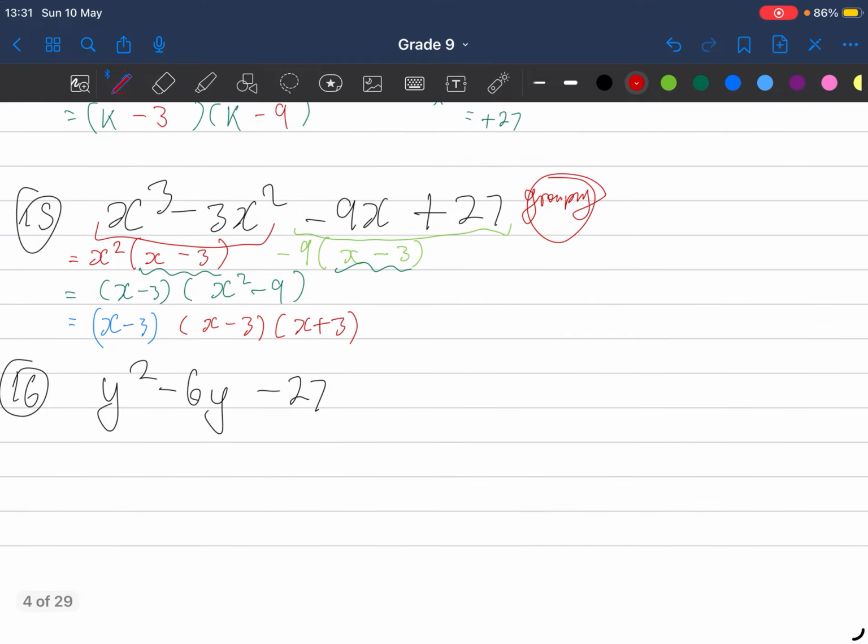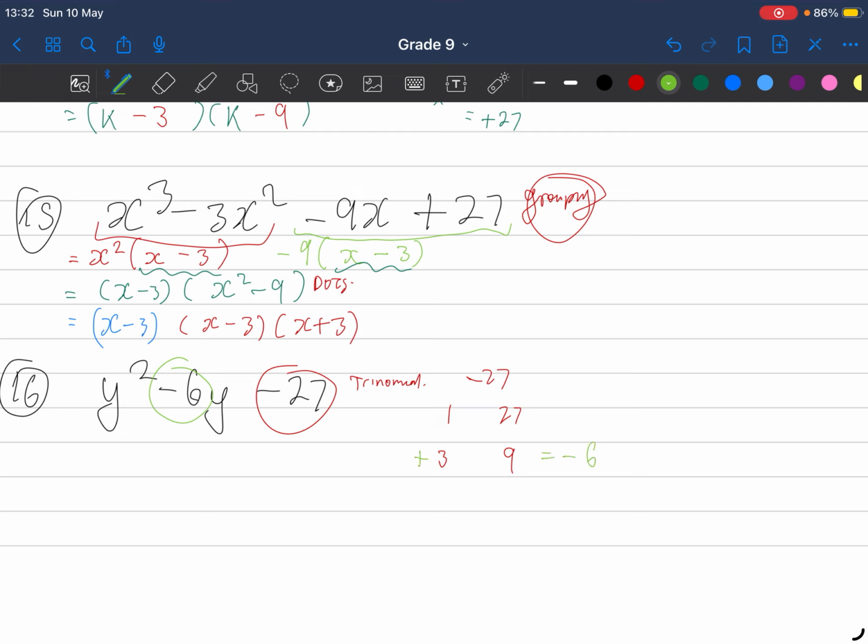For our last one, we got y squared minus 6y minus 27. So this is a trinomial. We can begin. Take negative 27: 1, 27, 3, and 9. Now we're trying to get a negative 6. I see it coming from 9 and 3.